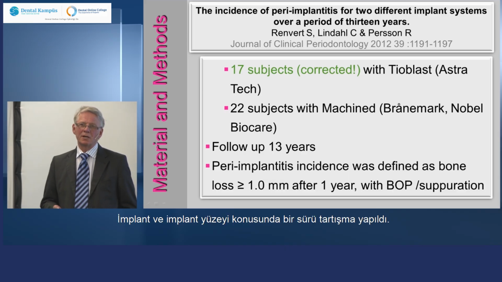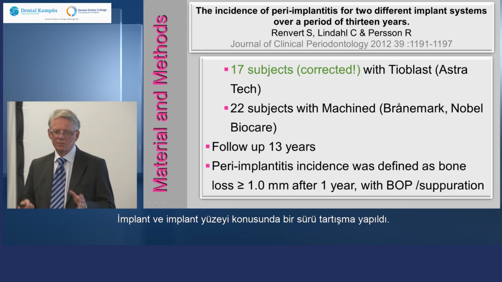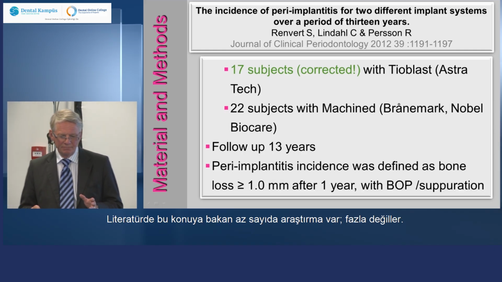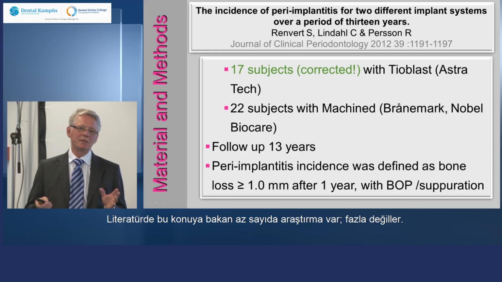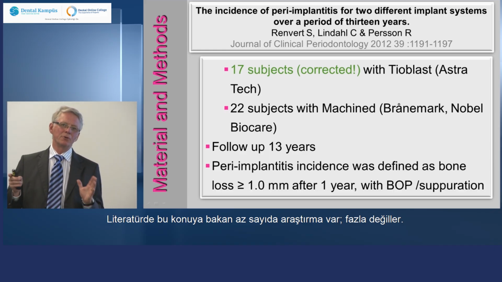Many discussions have been around the implant and the implant surface. There are very few studies basically that are looking at this in the literature. There are a few, not very many.